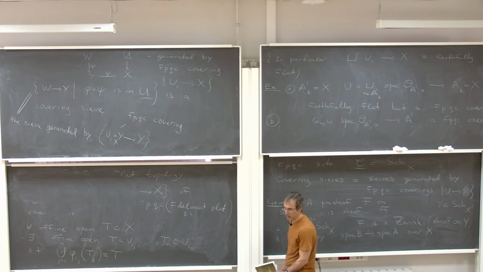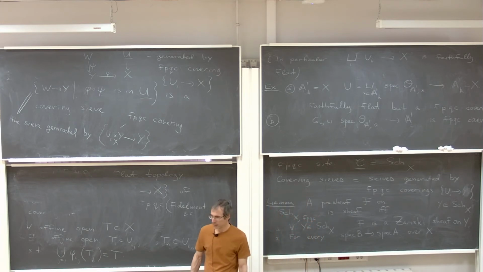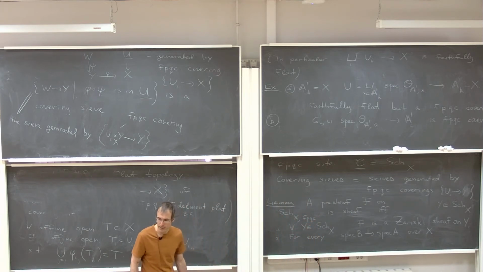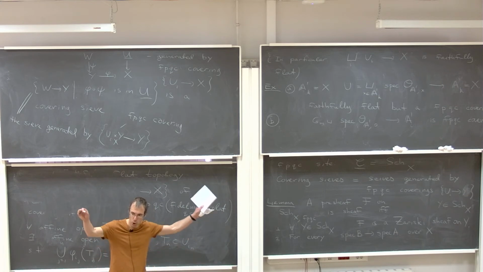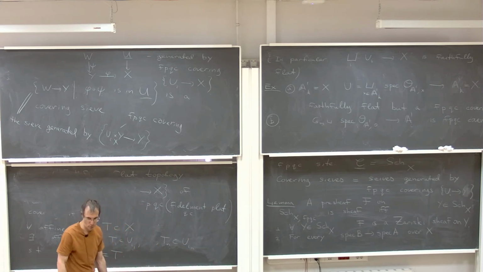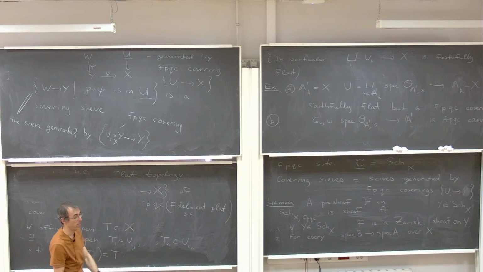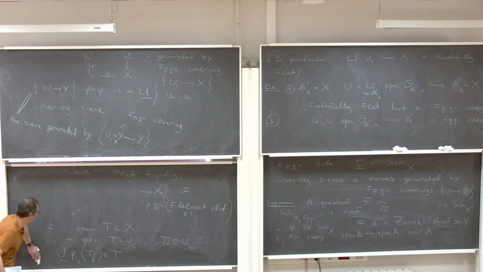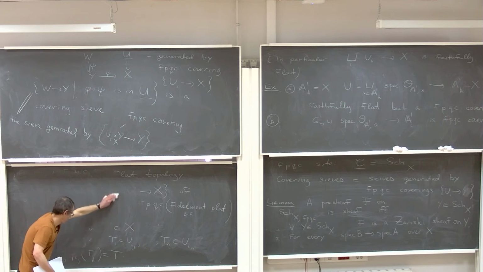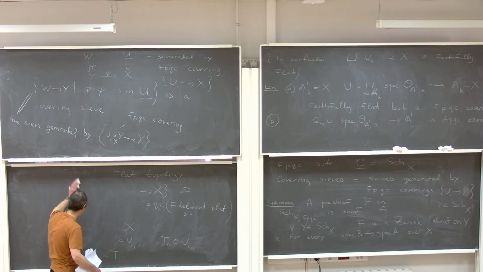And covering sieves are those sieves that are generated by surjective étale morphisms. So in this case, the same argument shows that it's also a topology. So these examples appear in nature.